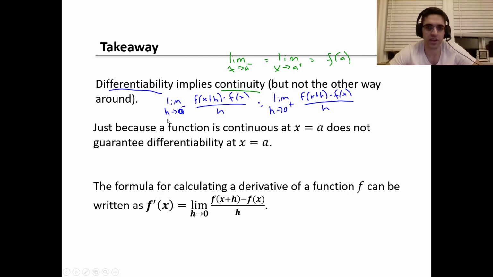Differentiability means the limit as x approaches that value from the left of our difference quotient is equal to the limit as x approaches that value from the right of our difference quotient. And just because a function is continuous at some value doesn't mean it's differentiable at that value. Also, we are still continuing to build on our definition of the derivative here using this limit function.